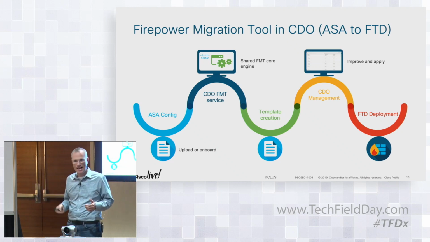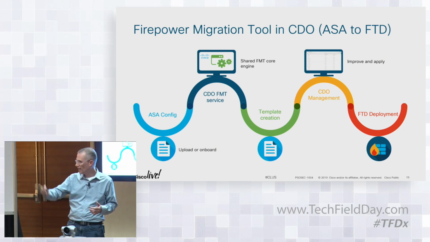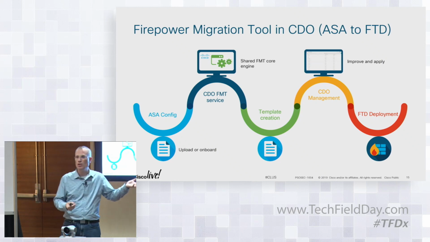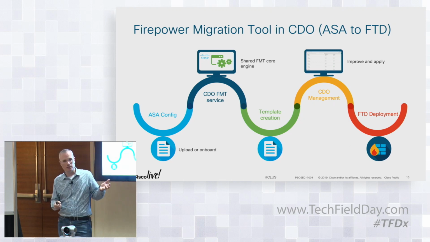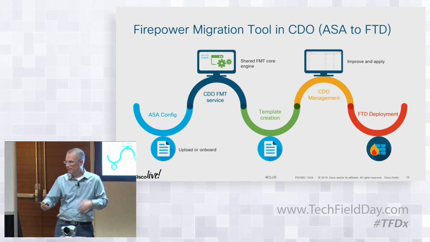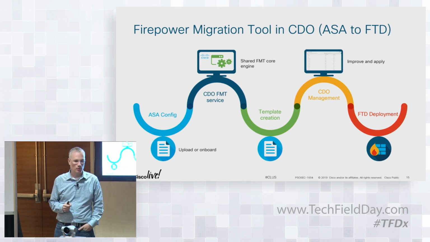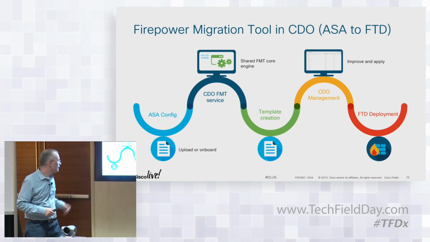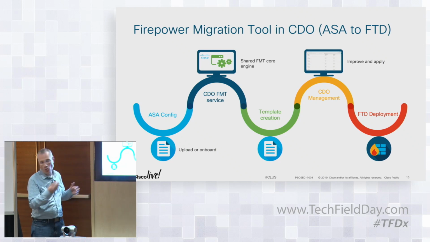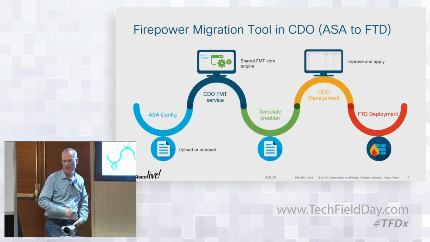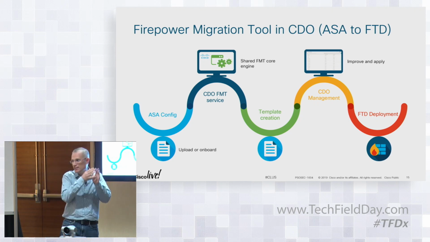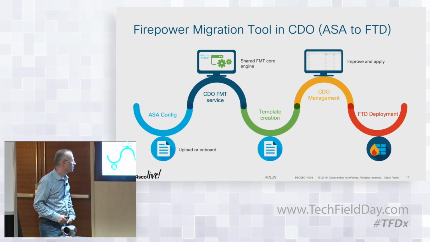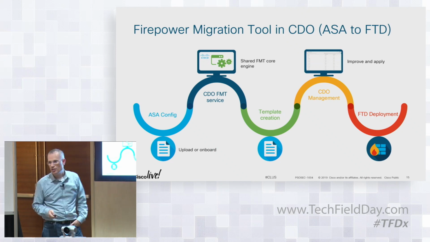Then as you gradually add next-gen firewalls to your environment, you can take the same policies, the same objects, and so forth, and migrate them to your FTDs, enabling our customers to be in this hybrid environment that most of them have today. It's a simple process: you load your config or your device, you go through the migration, we create a template, you can use this template on one device or many devices, and you deploy them in your organization.